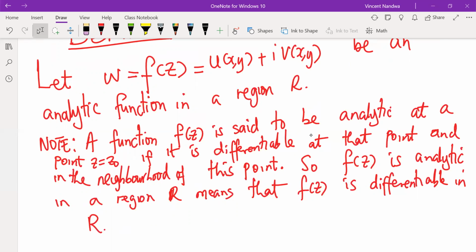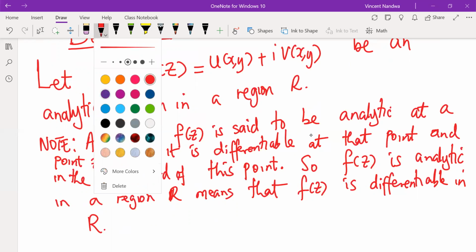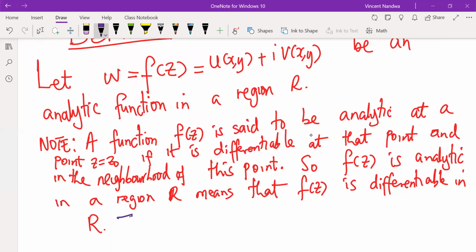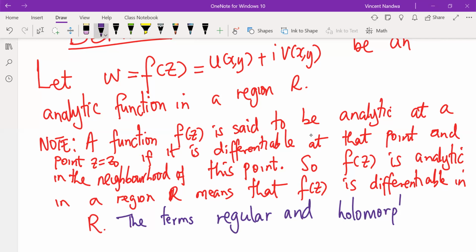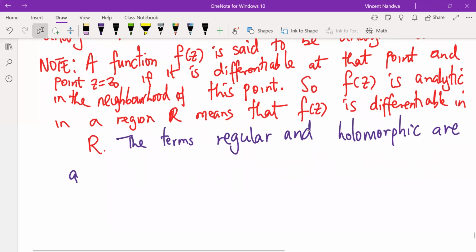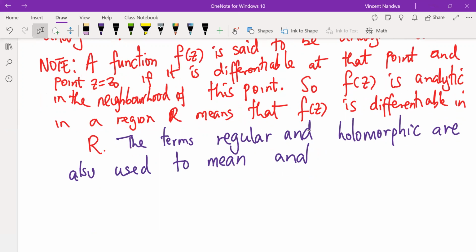So this is what we have. And then, other words for the same: the terms regular and holomorphic are also used to mean analytic functions.